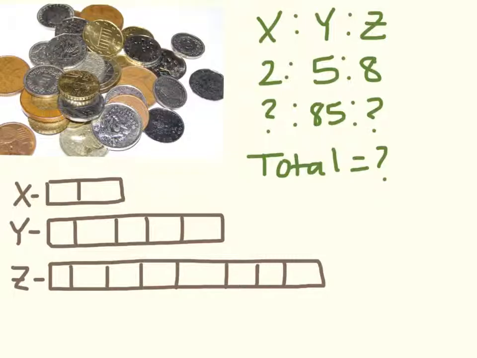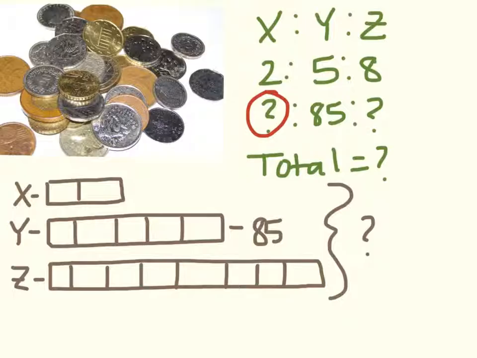We know that the total number will be all of these units added together. We don't know what that is yet, though. However, we do know that Johann has 85 coins. With this information and the picture to help you, please go ahead and solve for the amount of coins that Xavier has, the amount of coins that Zachary has, and the number of coins that all 3 boys have together.